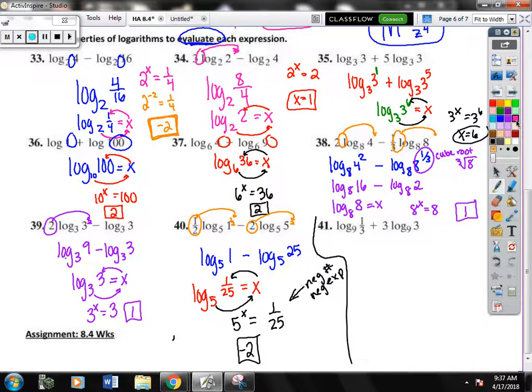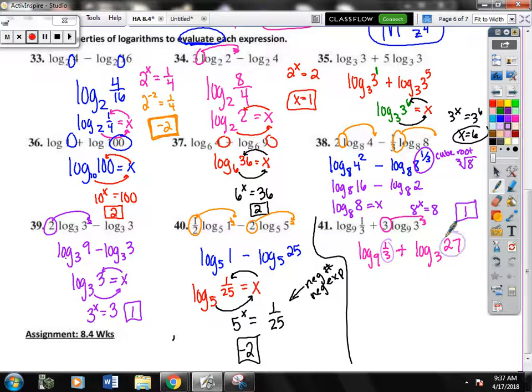And our last one. No power, but we do have a power rule here, so we'll throw that up here. So we have log base 9 of 1/3 plus log base 3 of 3 cubed, which is 27, not 81. Okay, now we have addition, which means we can multiply these together.